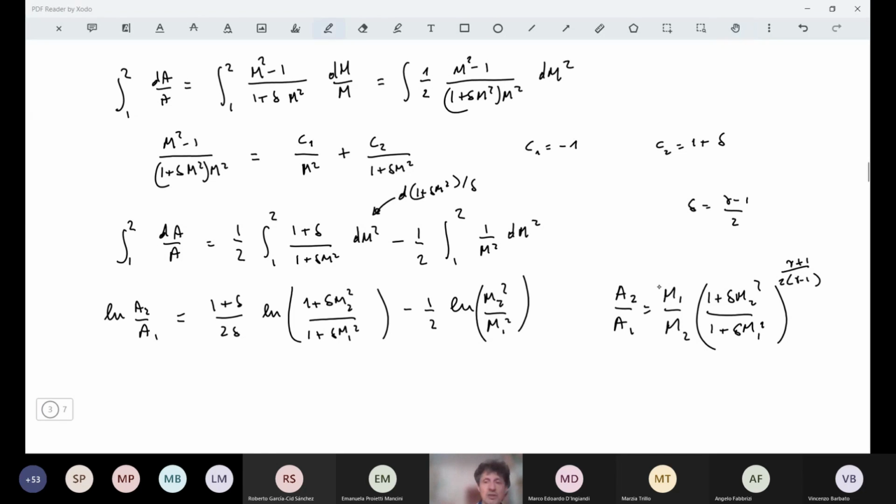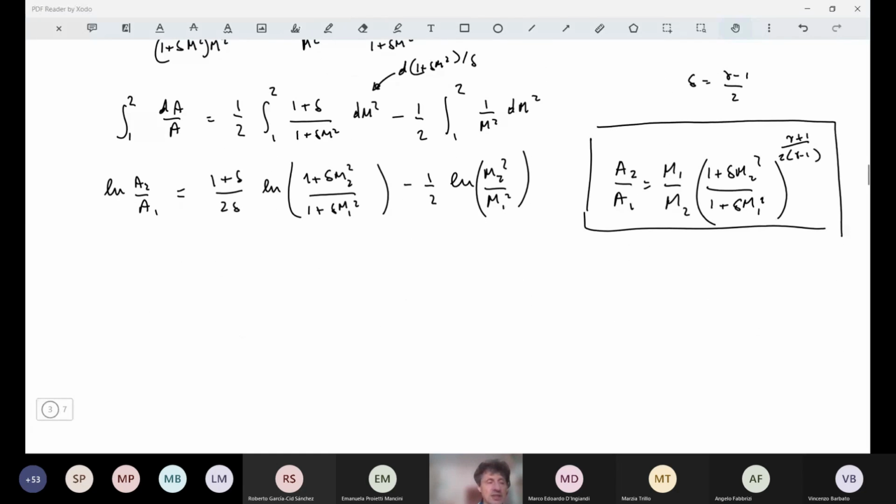And this is the law of the areas. As we know, there will be a minimum area that can be reached in converging, starting from a point and reducing the area. We can have a limiting condition, which is the one of choking. So we can refer the generic area A to the critical area A star, which is obtained when M is equal to 1, and express this relation in this way.